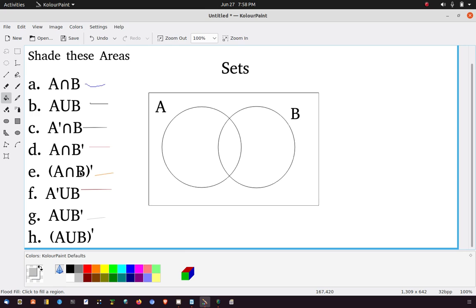So let's look at that. A union B, first of all, is this, this, and this. The complement will be outside of that. So that in yellow is A union B complement. So let's clear this, this, and this, and the shading you're looking at is A union B complement. All right.